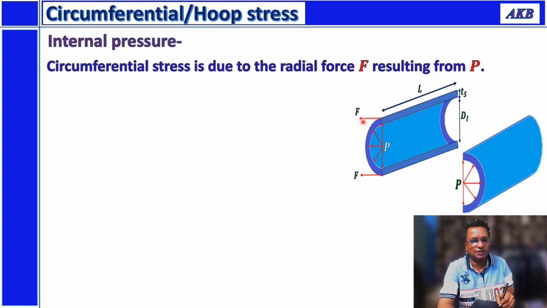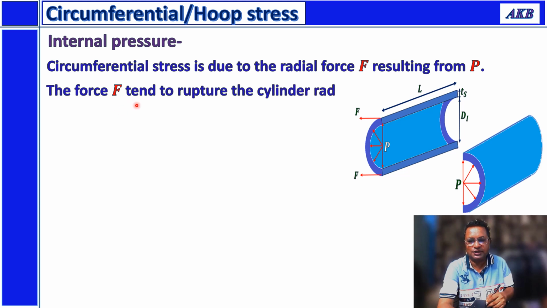We are talking about this radial force, which is resulting from P. P acting in radial direction results in a radial force F. Now this force F, what is it doing? The force F is tending to rupture the cylinder radially. So under the action of radial force F, the cylinder may get ruptured radially.